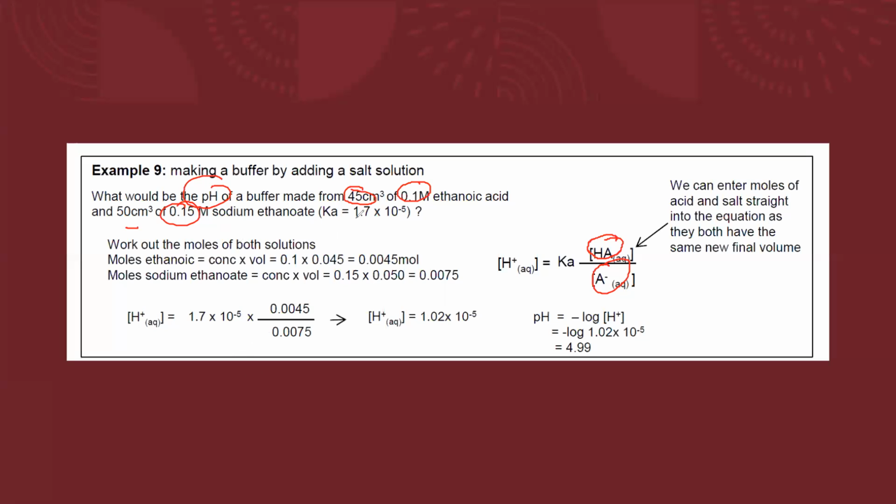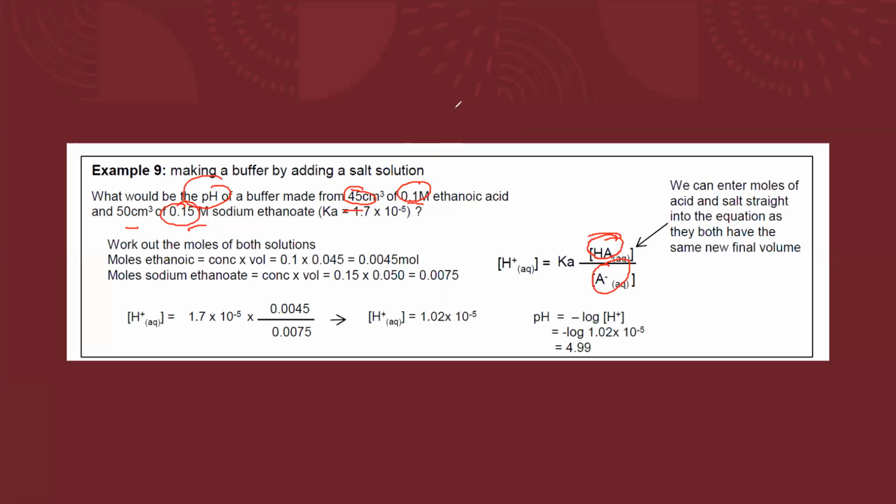Originally we had 45 cm cube of 0.1 mole ethanoic acid, and we mix it with 50 cm cube of 0.15 moles of sodium ethanoate. That's the original. But when we mix them together, their concentrations will change.